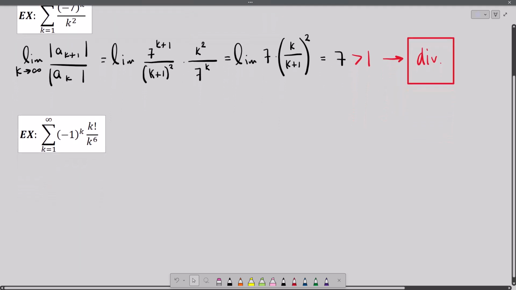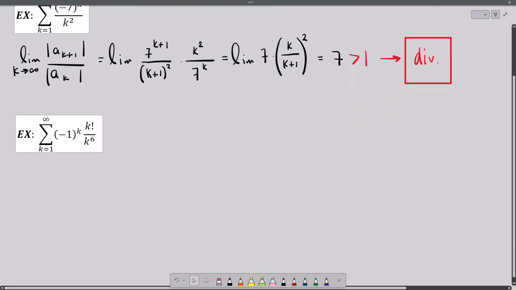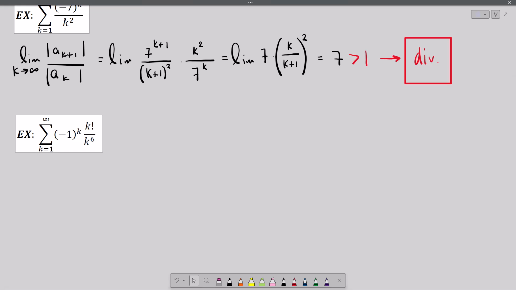All right, you all tried this one with the ratio test. So if you see a factorial, that is your first instinct, is to go ratio test. So see if you can get it.